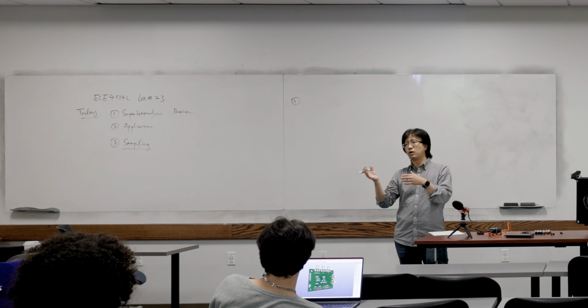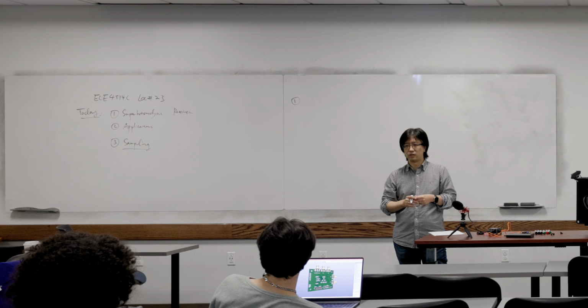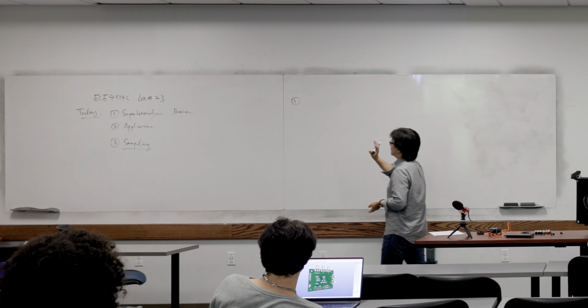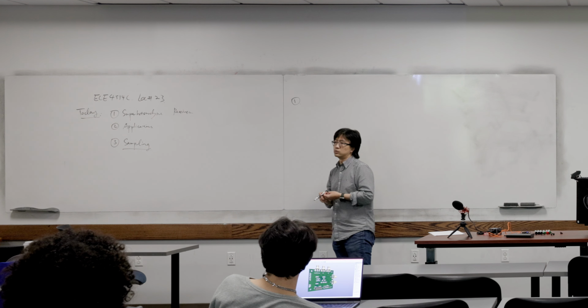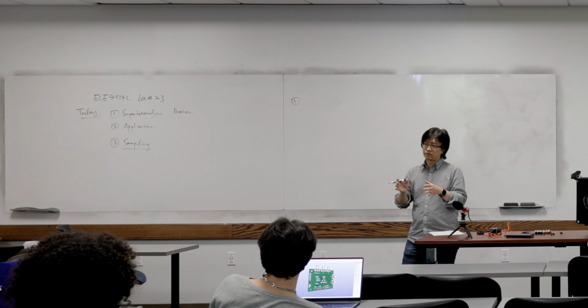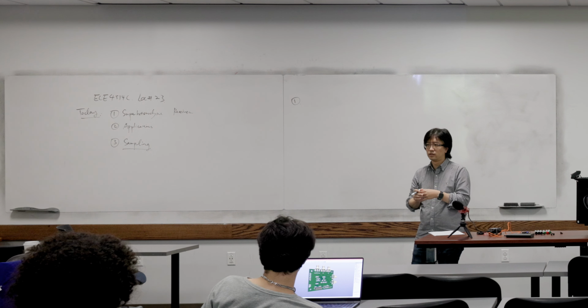Lower quality may be possible, but we cannot do that for a high quality filter. Then what should we do? So that's the motivation for the superheterodyne receiver. When we cannot design the high quality filter on any frequency, what should we do?